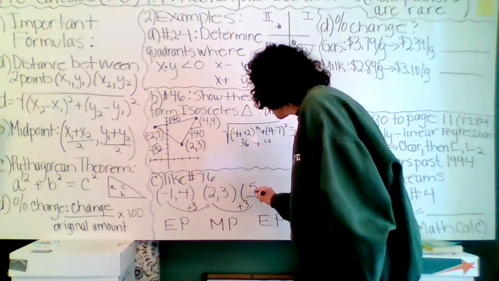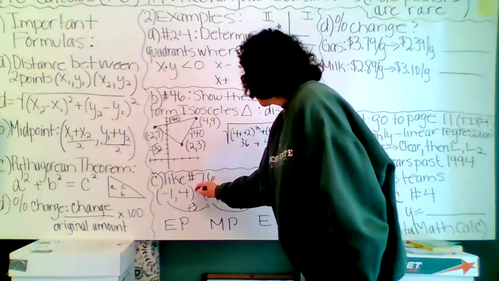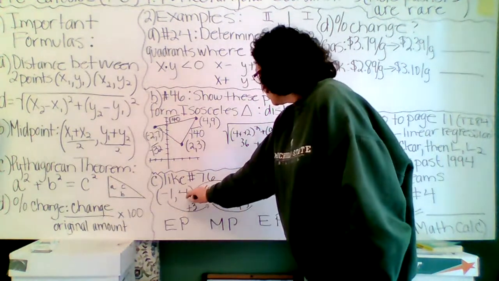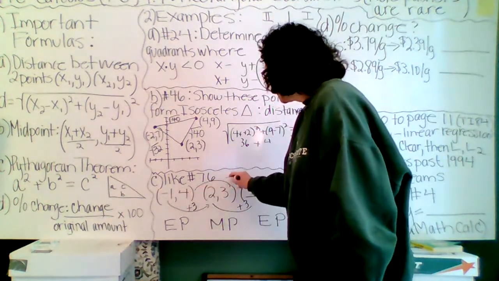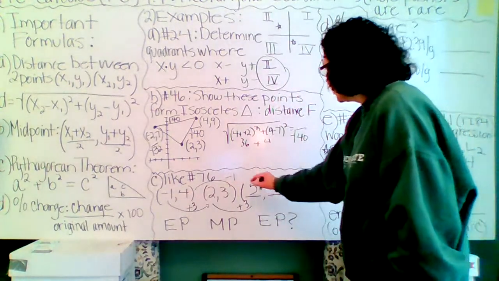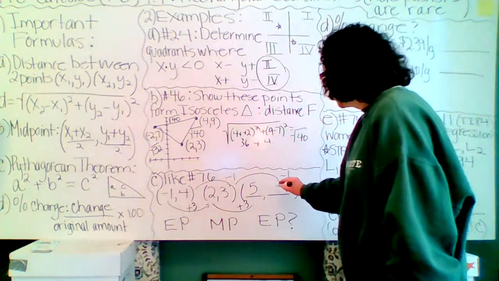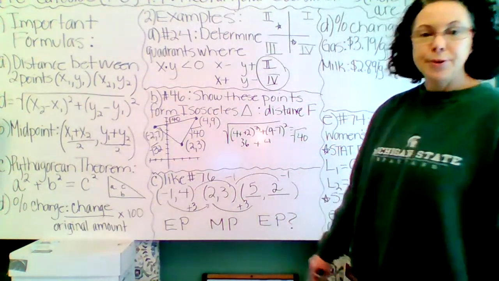So that would be a 5. Let's take a look at the y's. The y's, it was at 4 on the endpoint and it went down 1 to 3. For this to be the other endpoint and to put the midpoint in the middle, wouldn't I have to go down 1 again and be at 2?